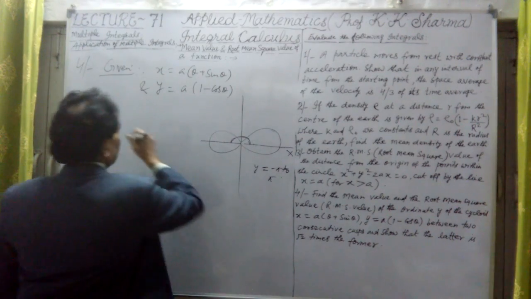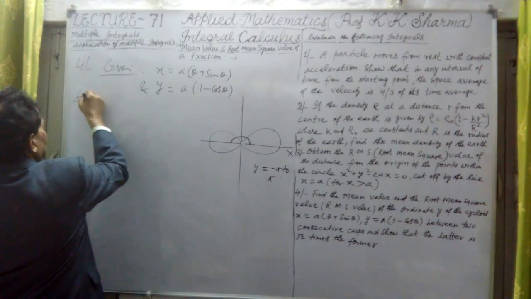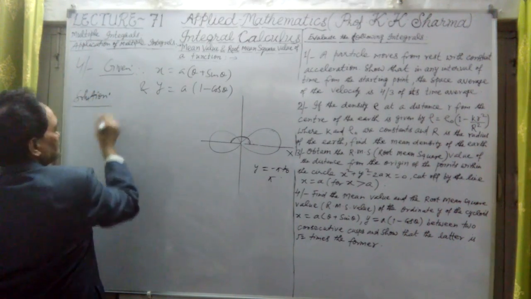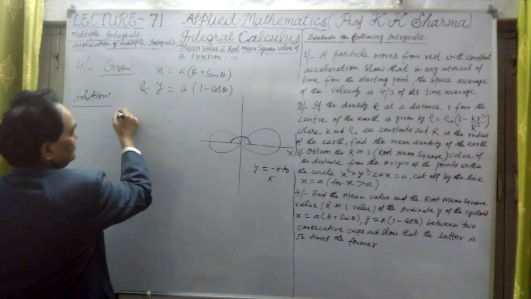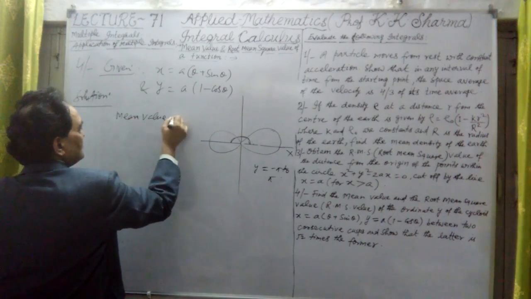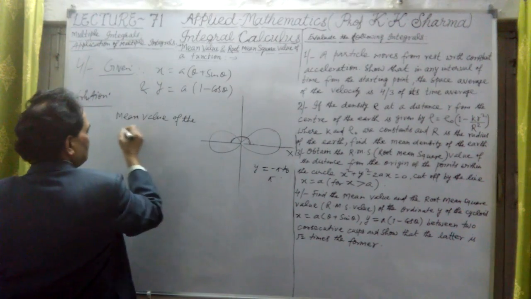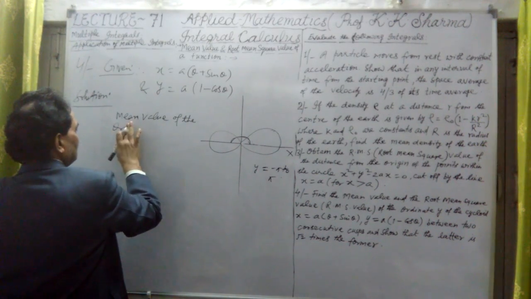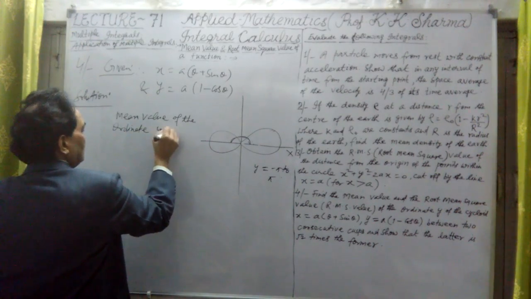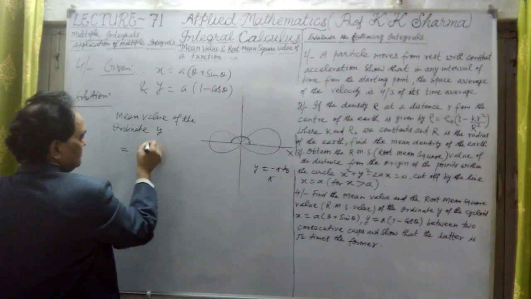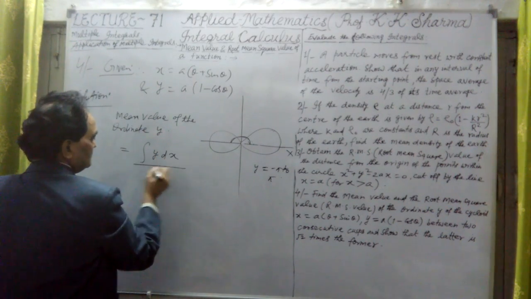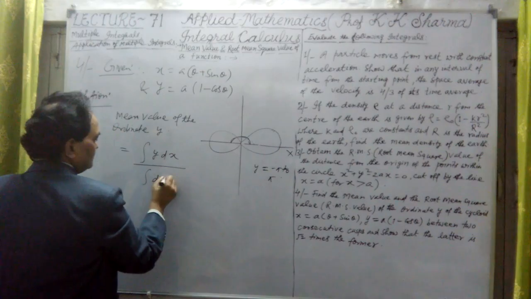So what is the solution? Let me find out. First, the mean value of the ordinate y is given by the integral of y into dx divided by the integral of dx only.